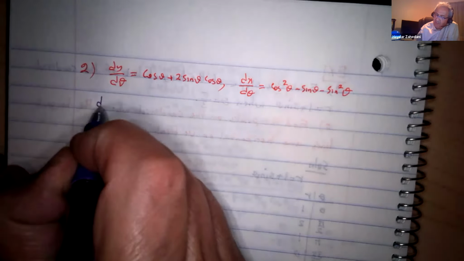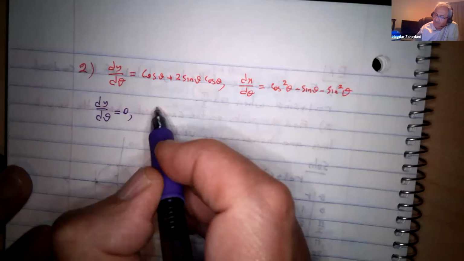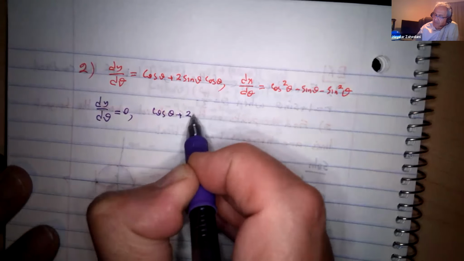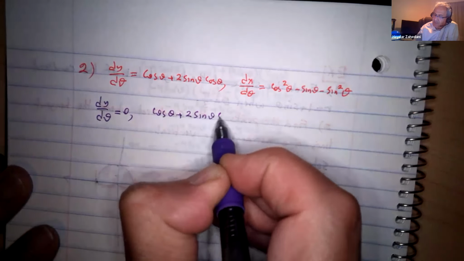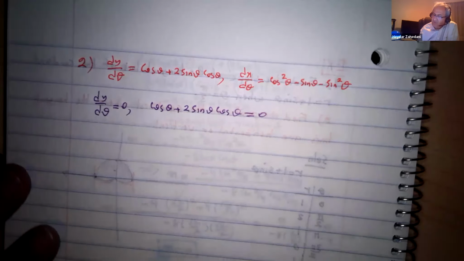So we do dy/dθ equal to 0. You have to solve a couple of equations. That would be cosine θ plus 2 sine θ cosine θ equal to 0.